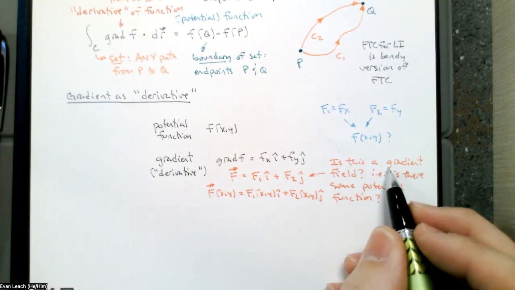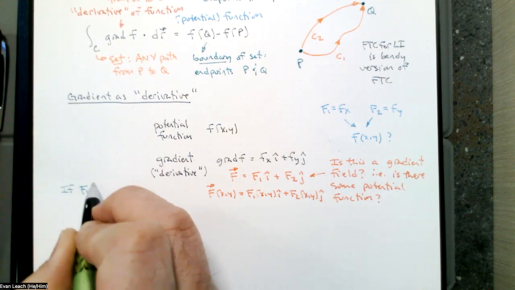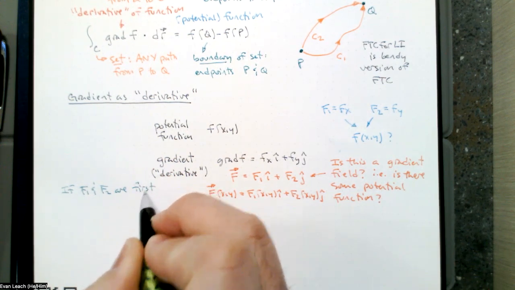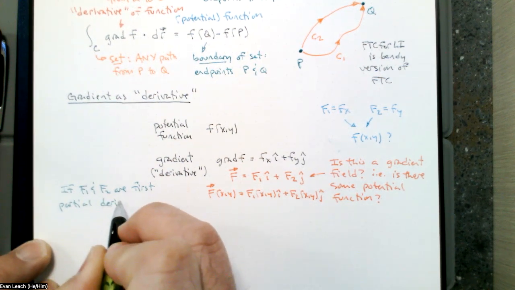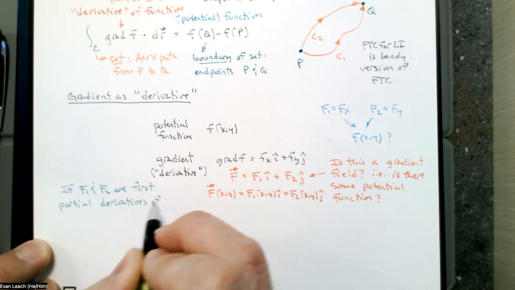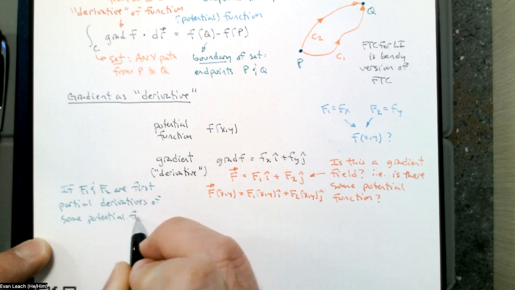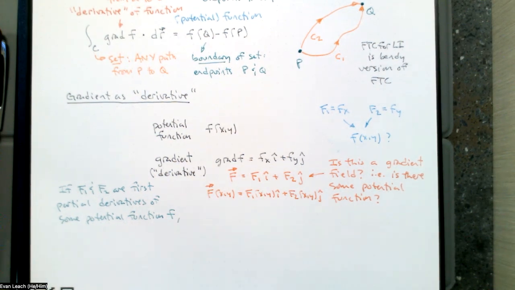So when we're asking the question, is this a gradient field? We might think, if f1 and f2 are first partial derivatives of some potential function f, then the mixed second partials should be equal.